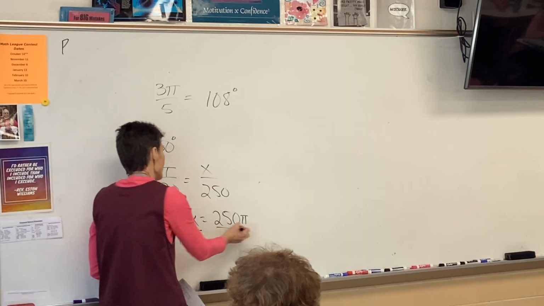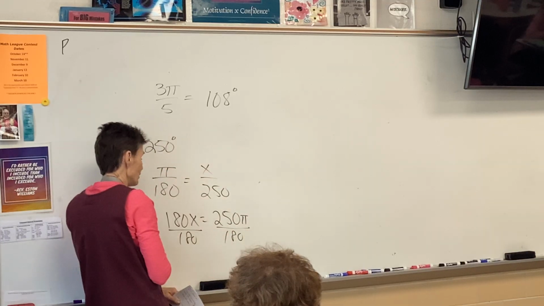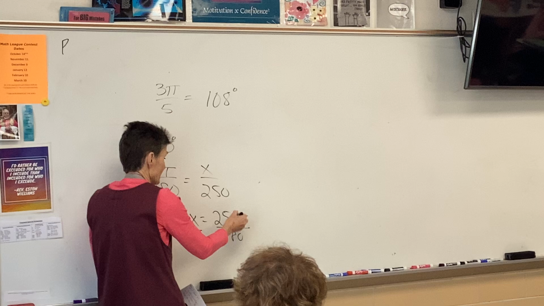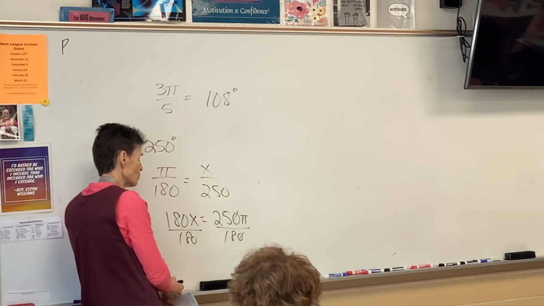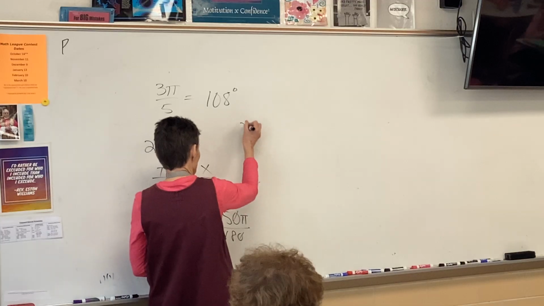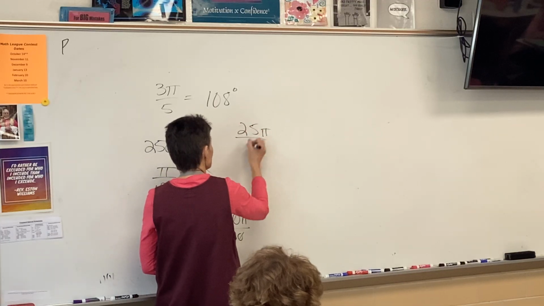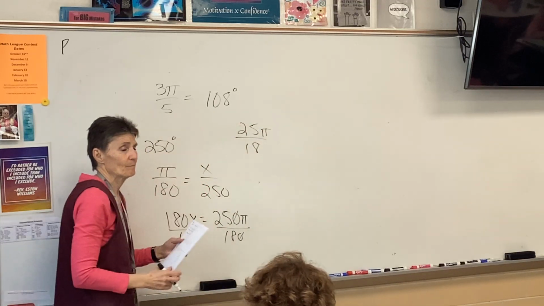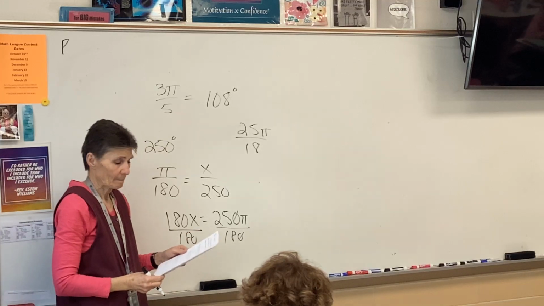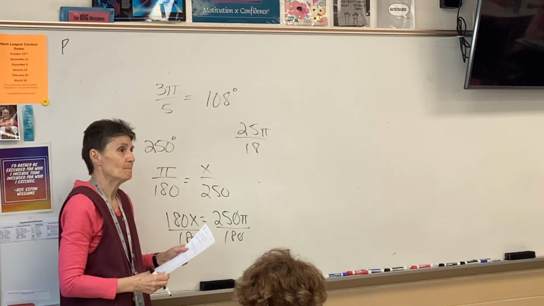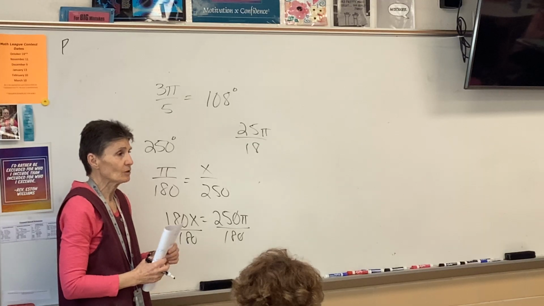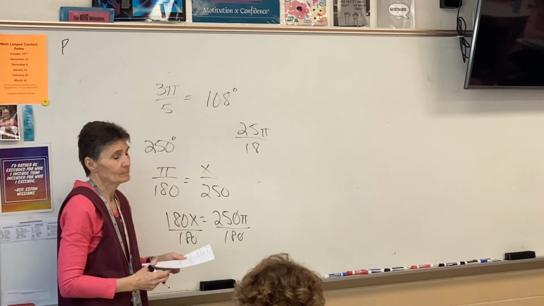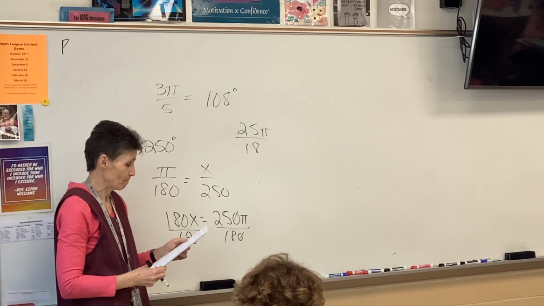And you'll divide and reduce. Now the zeros will cancel. And I think 25 and 18 reduce, so 25 pi over 18 is our answer. Remember doing that? What does the test look like? So you need to be able to do that.